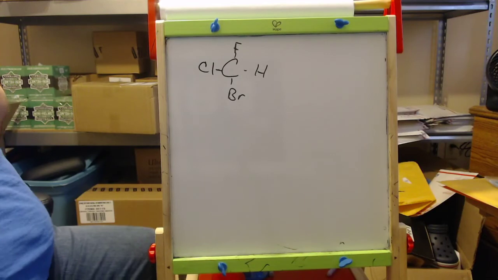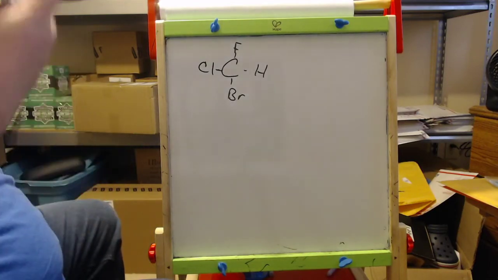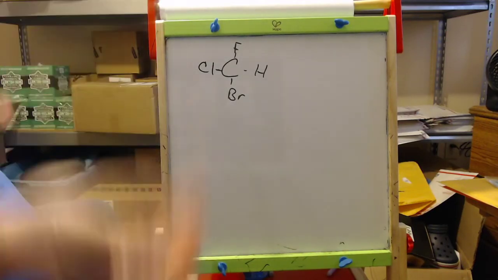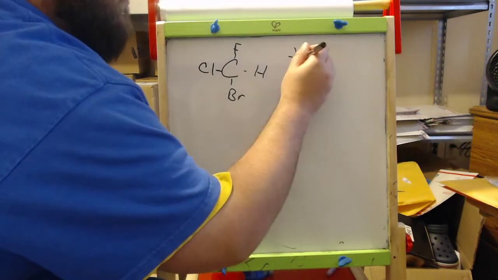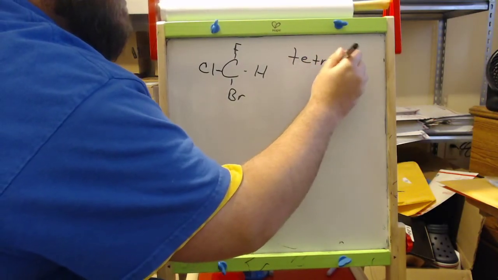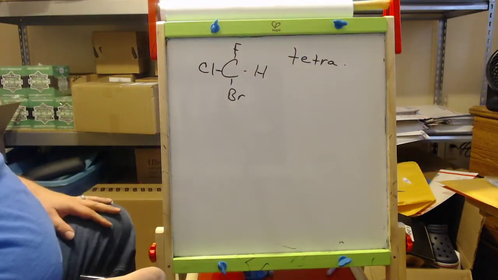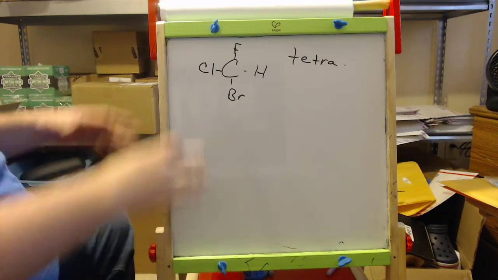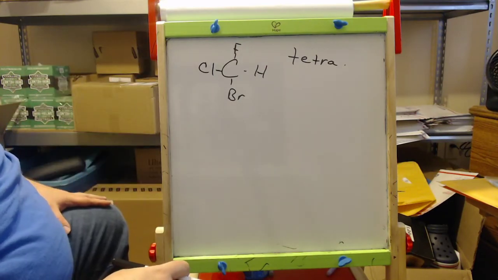But we know that when we start making bonds via our geometry and our hybridization, this should be a tetrahedral. So we know it should have a 3D shape.